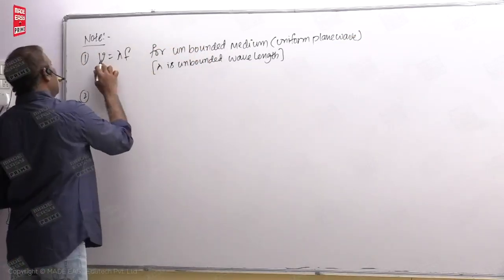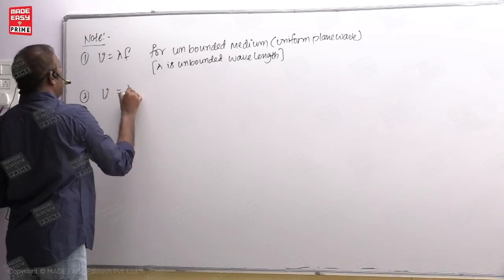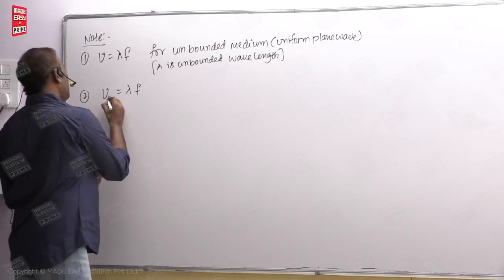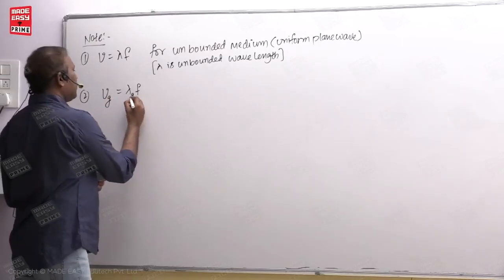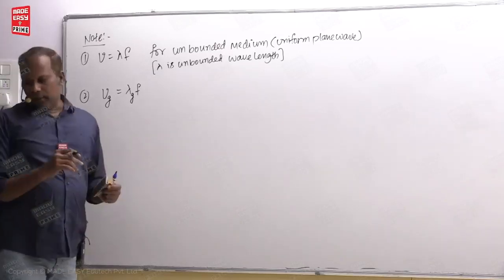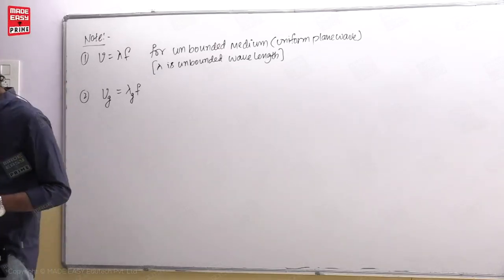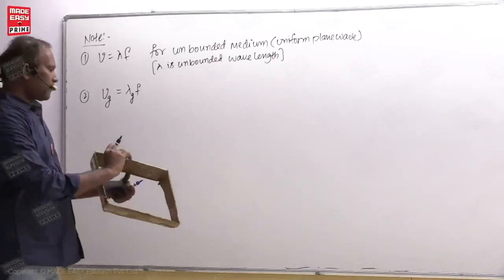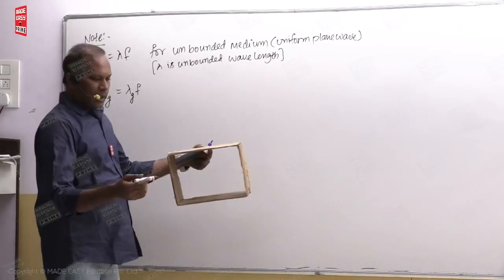Next, in place of velocity, you put guide phase velocity, then it should be guide wavelength. For example, I told you whenever EM wave is outside the waveguide like this, here EM wave is coming like this.